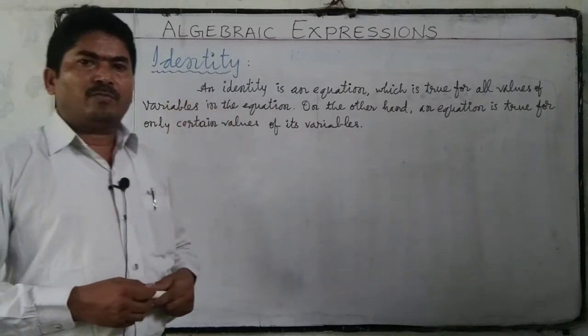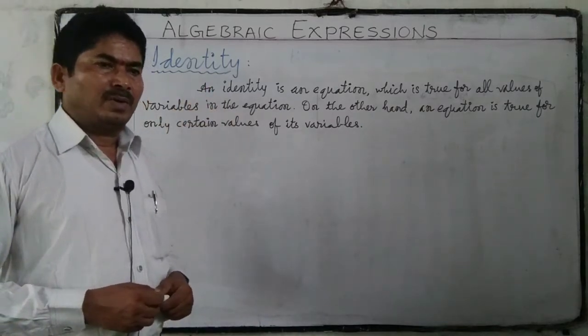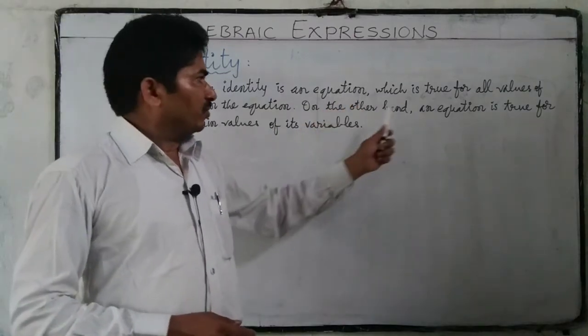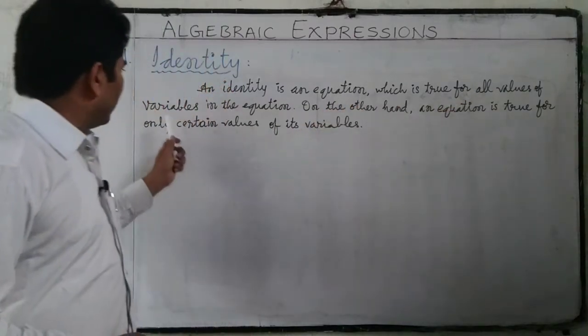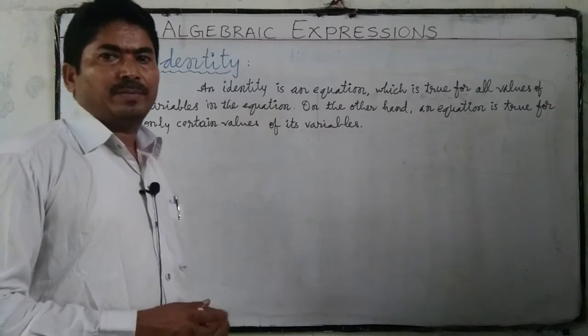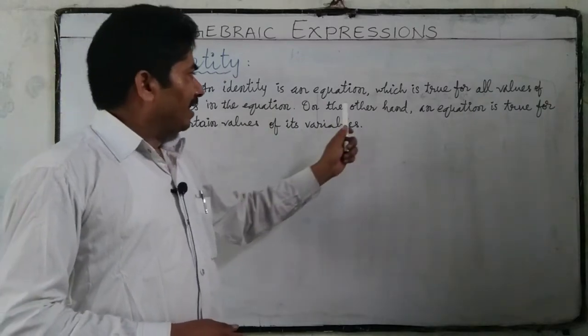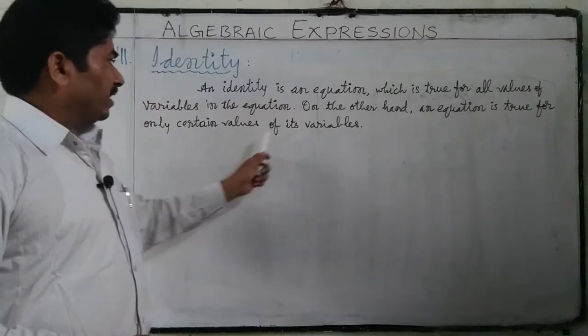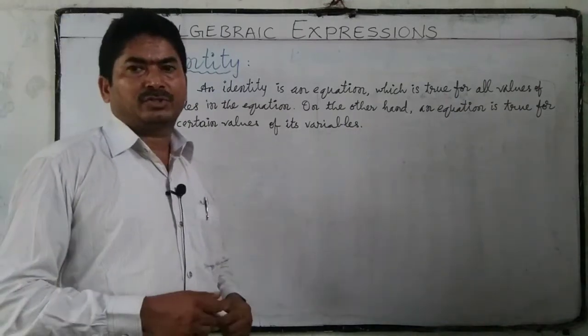Identity. What is an identity? An identity is an equation which is true for all values of the variables in the equation. On the other hand, an equation is true for only certain values of its variables.